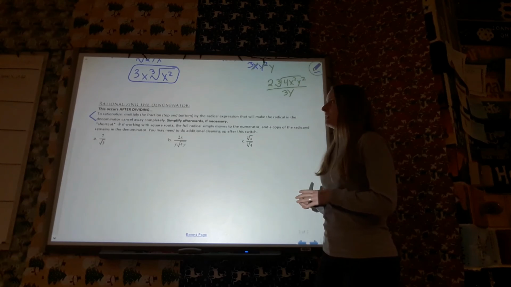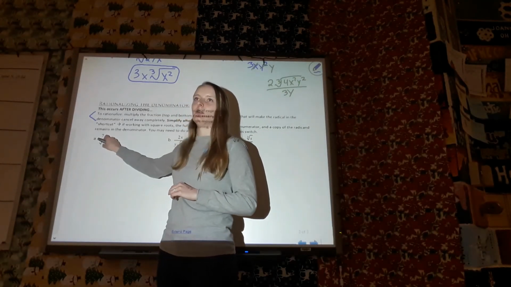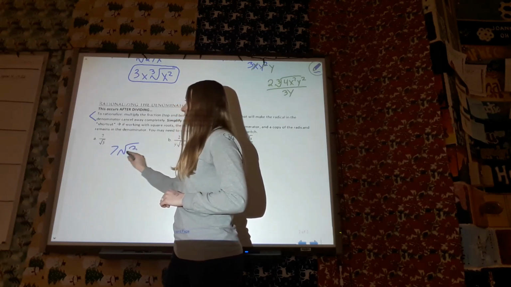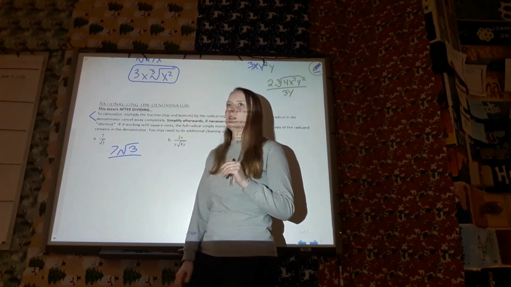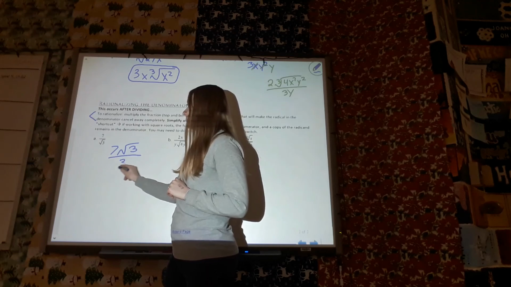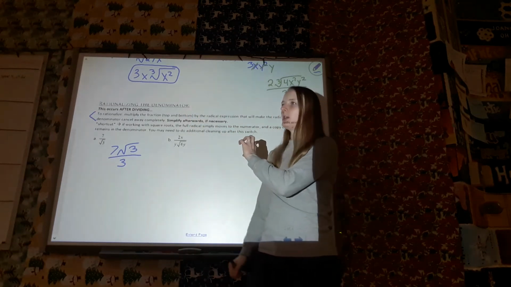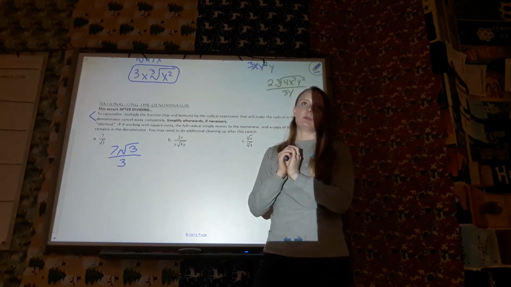So the shortcut is if you're working with square roots, all you have to do is take the radical that's in the denominator and move it to the top. So instead of being on the bottom, it would be on the top, but you still have to have something in the denominator. So instead of radical 3, you're just going to leave the 3, the radicand. Okay? So you take the radical expression, move it to the top, and then leave the radicand behind without the actual symbol.